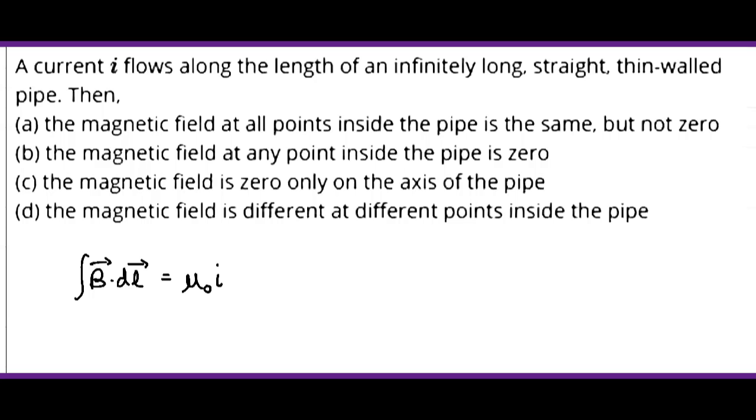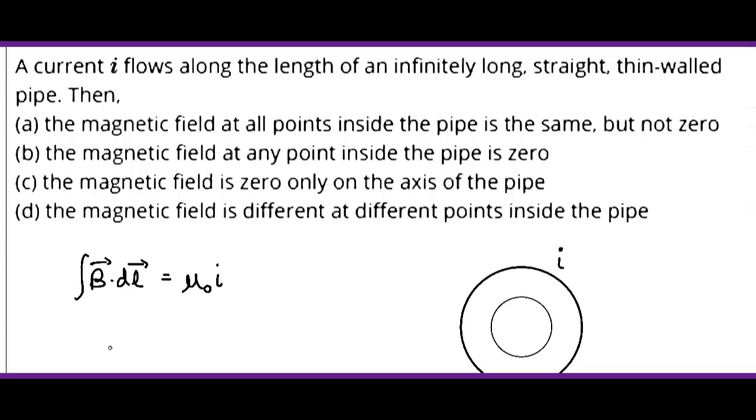Let us consider a cross section of the pipe. This is the cross section of the pipe. There is a current flowing through it which has a value I. At any radius which is smaller than this pipe, for example, something like this, we can see that net current inside this loop is 0.